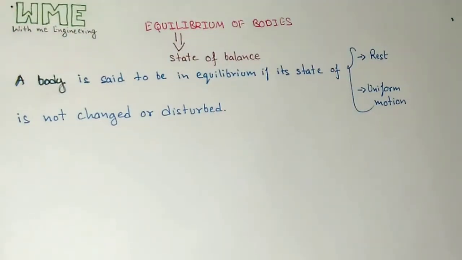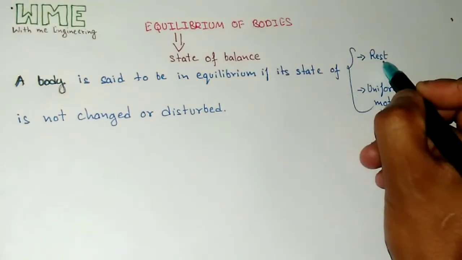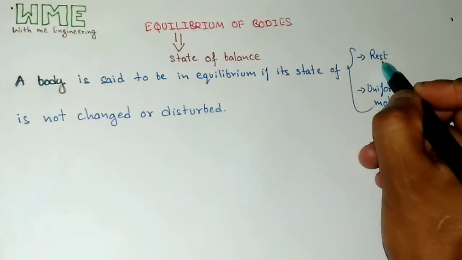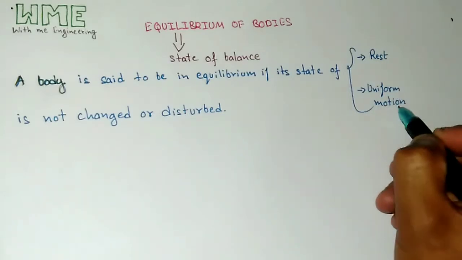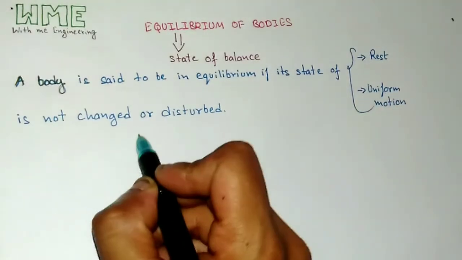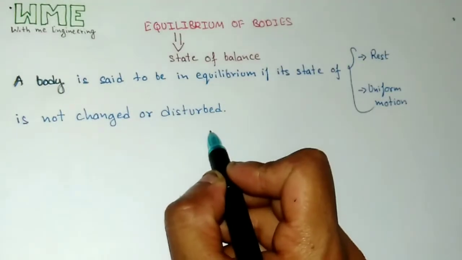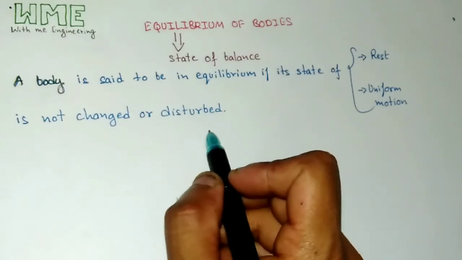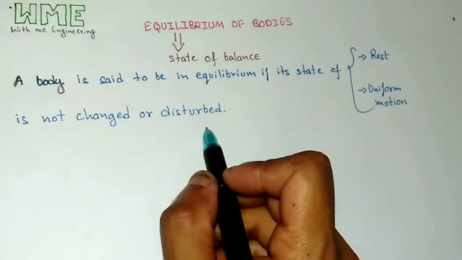The statement says a body is said to be in equilibrium if its state, that is rest or uniform motion, is not changed or disturbed. So this is the statement of the equilibrium of a body.